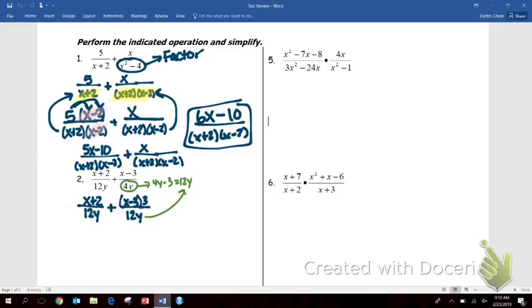This one's a little weird because we're not dealing with binomial factors, but you just need to have the common denominator on both sides. In order to have the common denominator in number 2, we need to multiply my denominator by 3. And since I multiplied it by 3, I have to multiply the numerator by 3 as well.